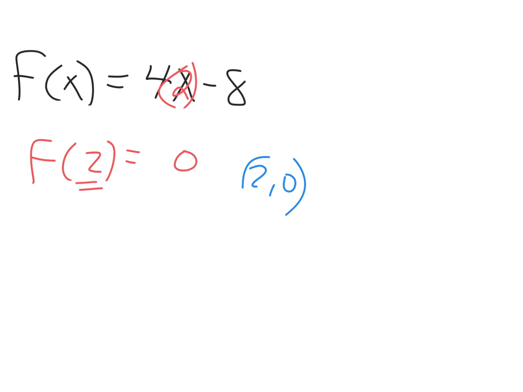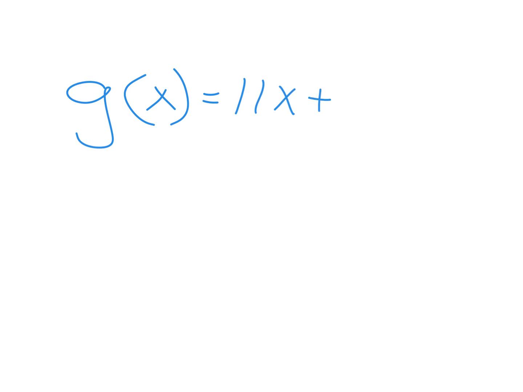All right. So this time I'm going to change letters. Everybody do write this down. G of x equals 11x plus 4. Would you please just figure out what g of, let's say, 3 is?